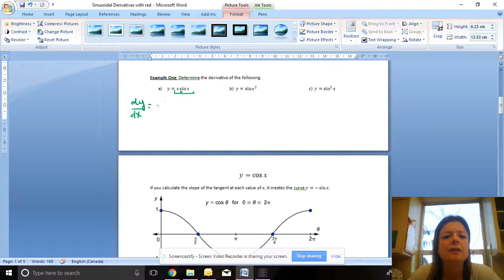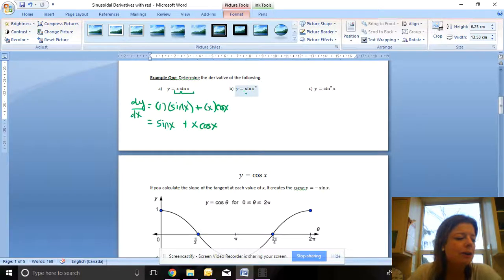The derivative of x is just 1, multiplied by sine x, plus we leave x the same and multiply it by the derivative of sine x, which is just cos x. So really, this is just sine x plus x cos x.